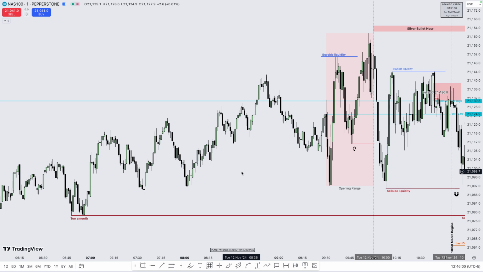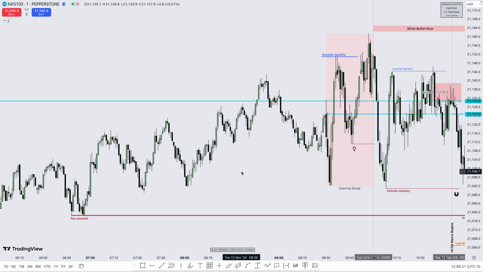So I want to look at the first candle that's going to go inside the fair value gap. I don't want to see it spend too much time inside the fair value gap, because if it does, then it's tipping its hand to say, hey, I have no urgency to go anywhere, so I might be going up and down basically.